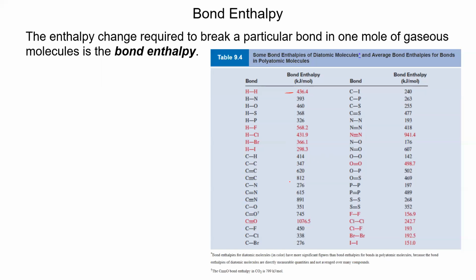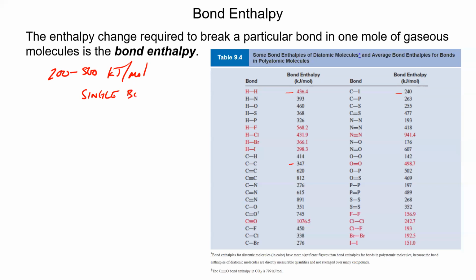Some other ones, a carbon-carbon single bond at 347, a carbon-iodine bond at 240. So you kind of get the idea of a single bond is somewhere between, say, 200 and 500 kilojoules per mole. And that's about the right range. So 200 to 500 kilojoules per mole for a single bond.